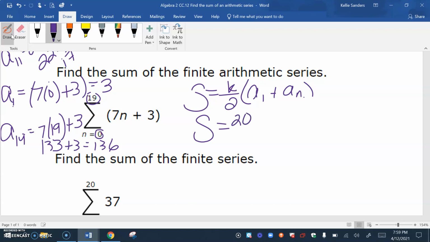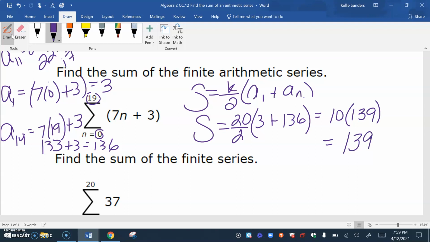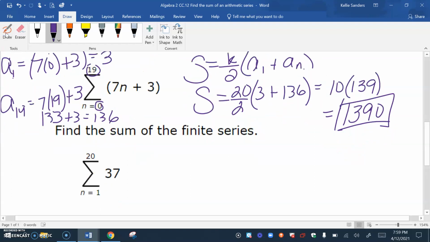So 20 over 2, a sub 1 was 3 plus 136. 20 over 2 is 10. 139. So this is going to be 1,390. And I'm glad that we have that formula so we don't have to add up to be 1,390.